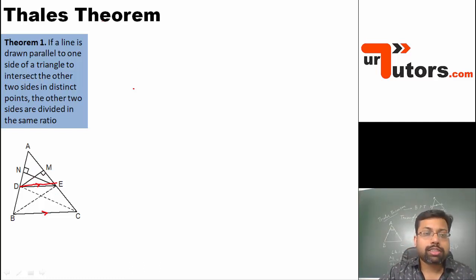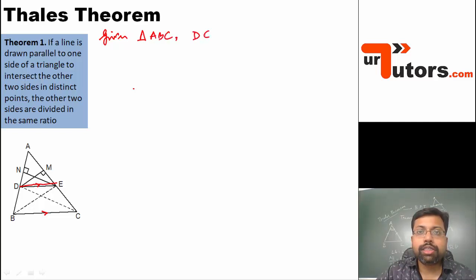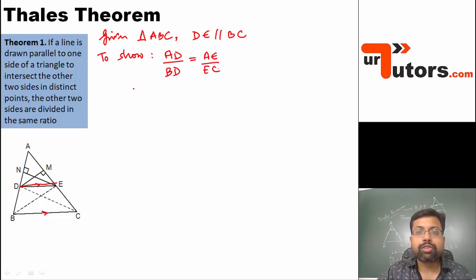We have been given triangle ABC and DE is parallel to BC. This is given, and we have to prove that AD by BD is equal to AE by EC.